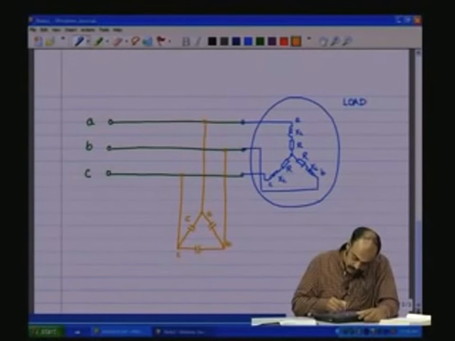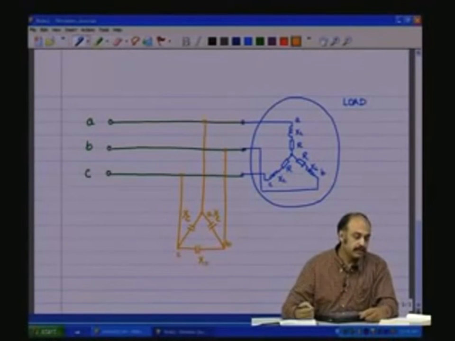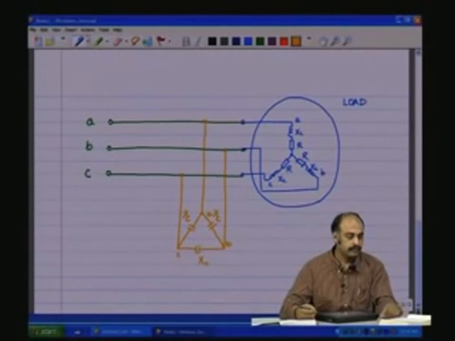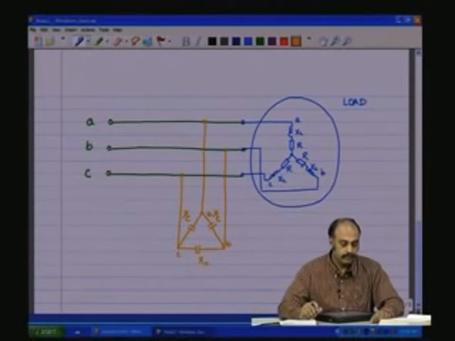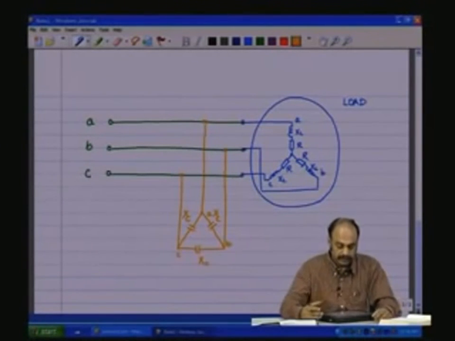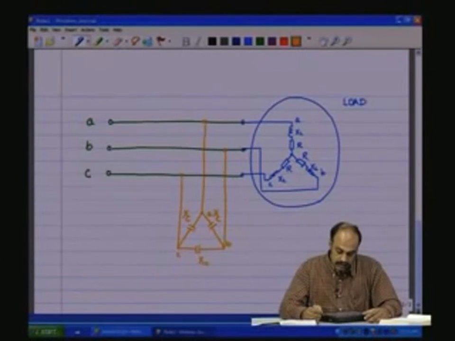These are capacitive loads, XC, XC, XC. Now, let us analyze this particular configuration. It's a pretty common configuration that you will come across, and let us study how the vector diagram looks.